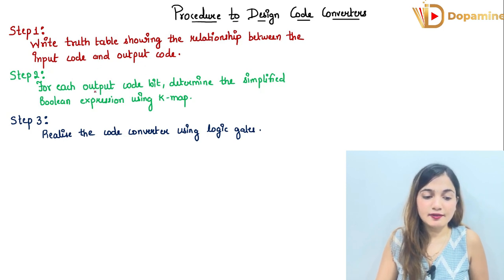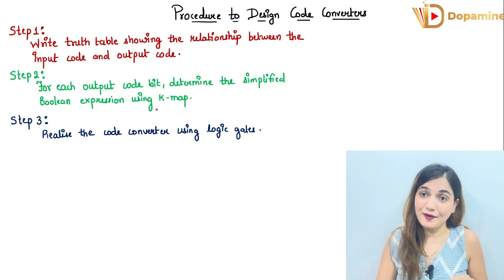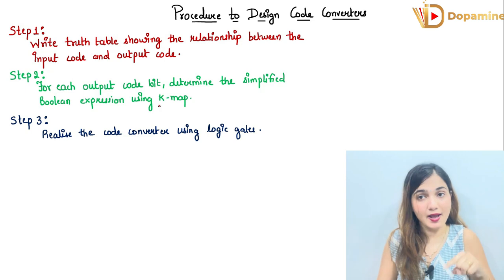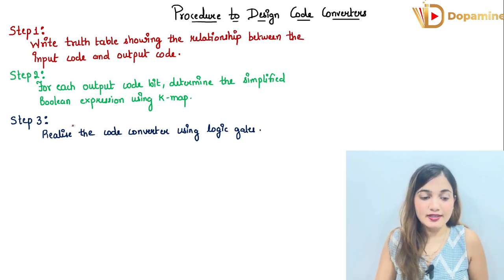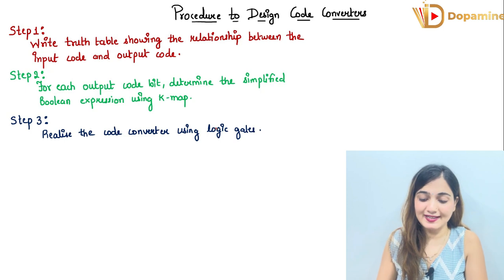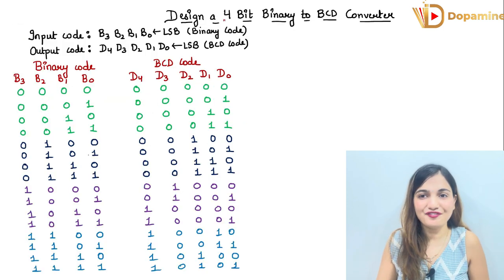Then step 2: for each output code bit, you have to determine the simplified Boolean expression, and that too using K-map. If you don't know the K-map, go back, watch the video on the K-map and then come to this video. In step 3, you have to realize the code converter using logic gates. We'll be discussing all 3 steps in detail, so let's start with the first step.